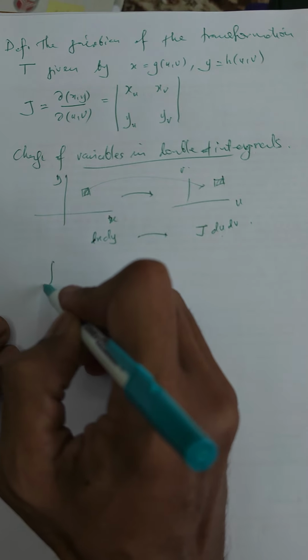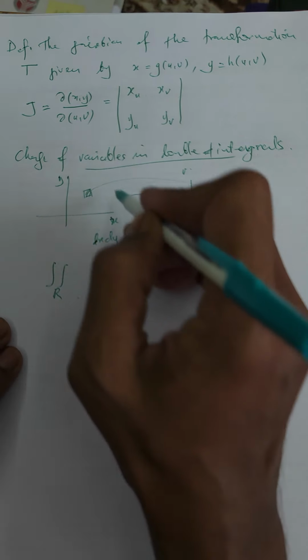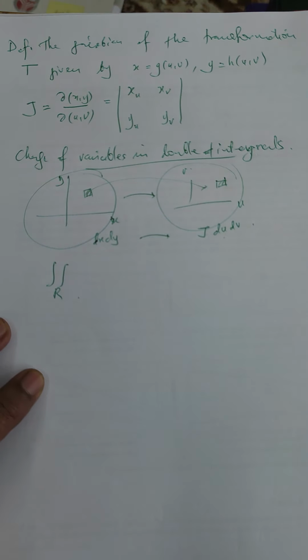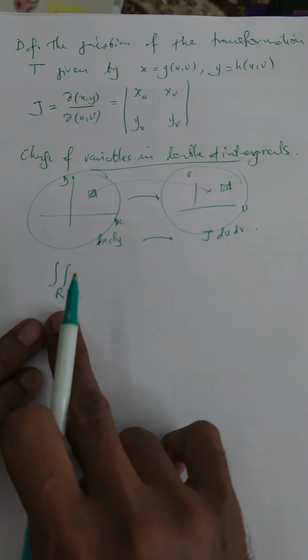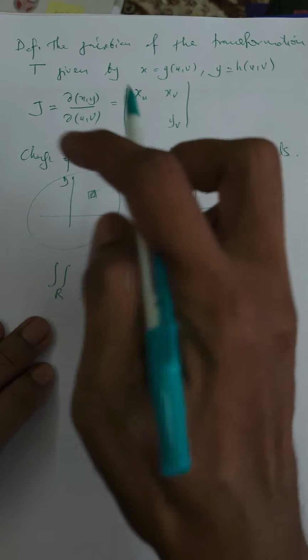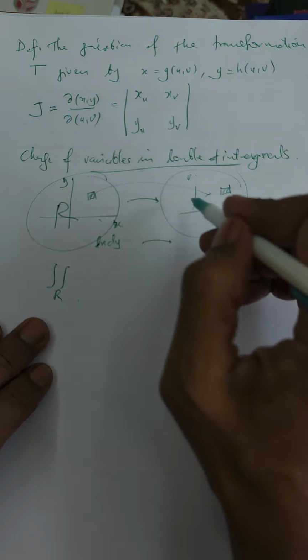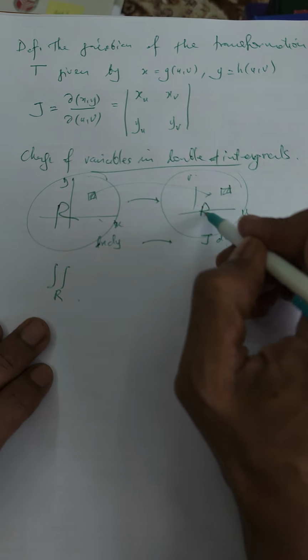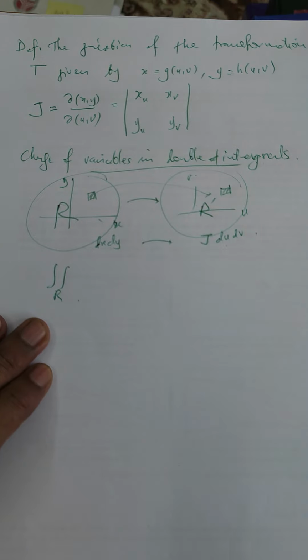So the integral over the region R, this is our whole region here, and this is our region on the uv plane. Let's call that region R prime.